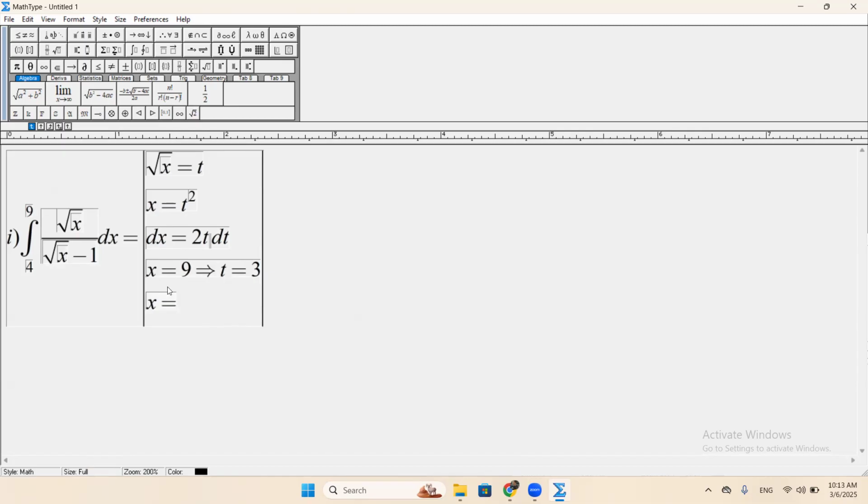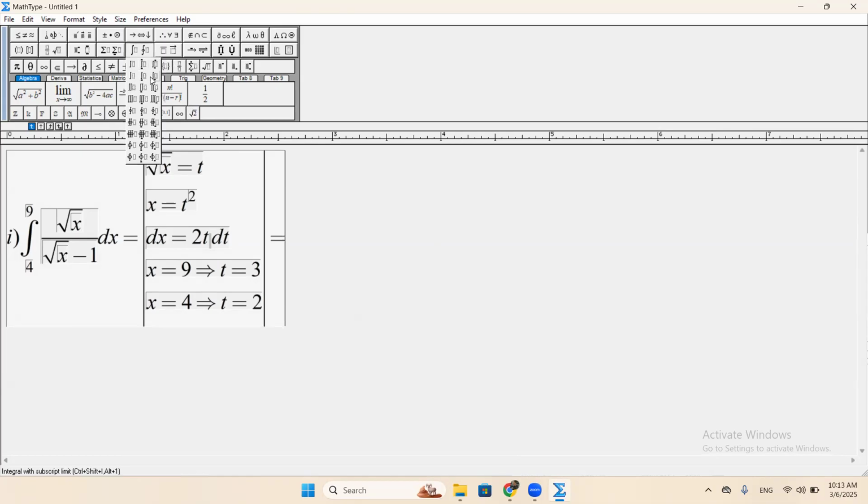When x equals 4, t equals 2. And now let's rewrite the following integral with new bounds of integration from 2 to 3, and here we have t square.